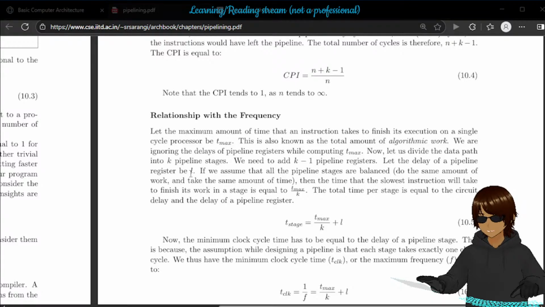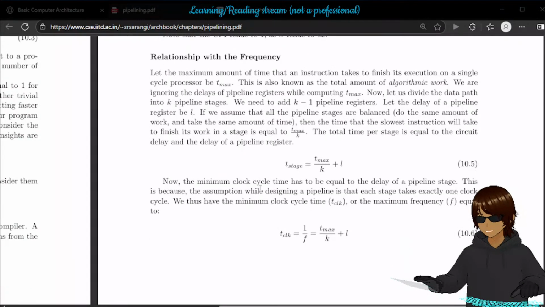If we assume that all the pipeline stages are balanced, do the same amount of work and take the same amount of time, then the time that the slowest instruction will take to finish its work in a stage is equal to T max over K. The total time per stage is equal to the circuit delay and the delay of a pipeline register.